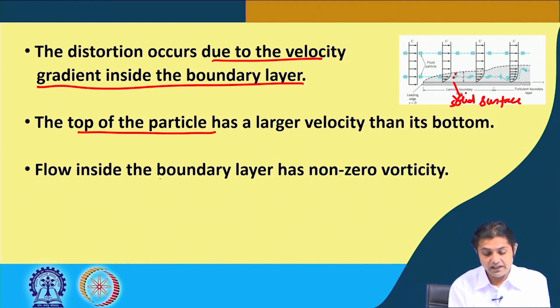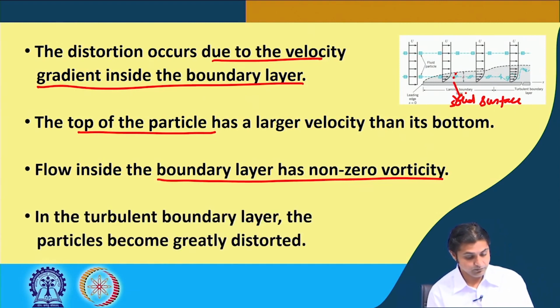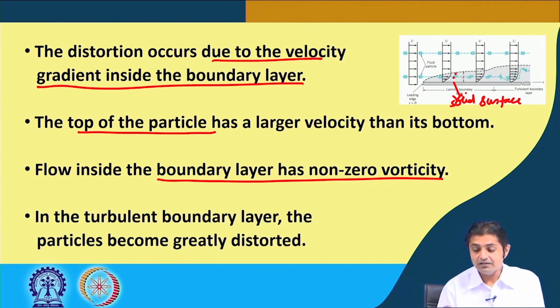Therefore, the flow inside the boundary layer has a non-zero vorticity, because what does vorticity cause? It causes rotation, right, and this is what we see, the fluid particle will rotate, and this happens because of the differential velocity at the top and at the bottom surface.